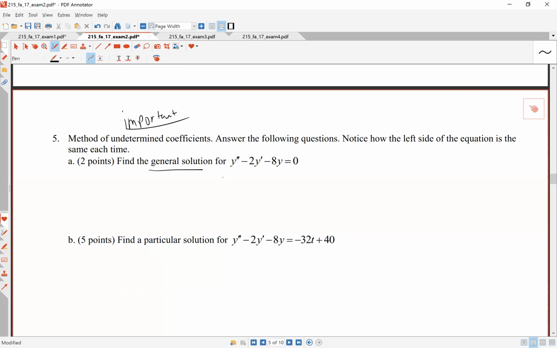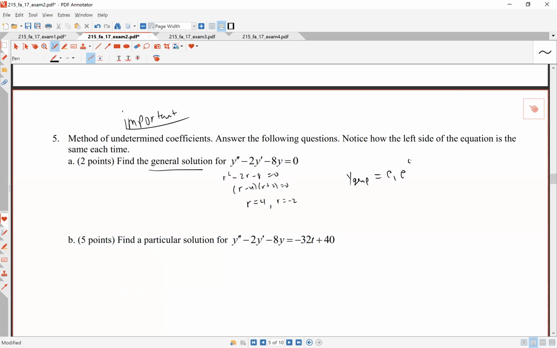Find the general solution. We have characteristic equation r squared minus 2r minus 8, which is (r minus 4)(r plus 2). So we get r equals 4 and r equals negative 2. So the general solution is c1 e to the 4t plus c2 e to the negative 2t.